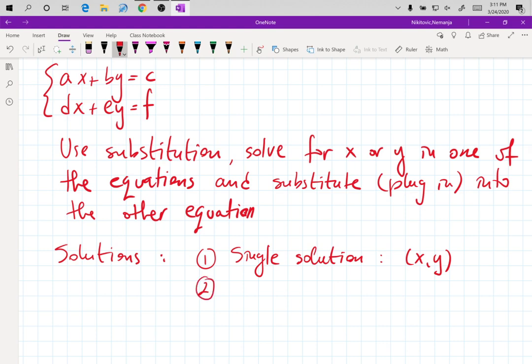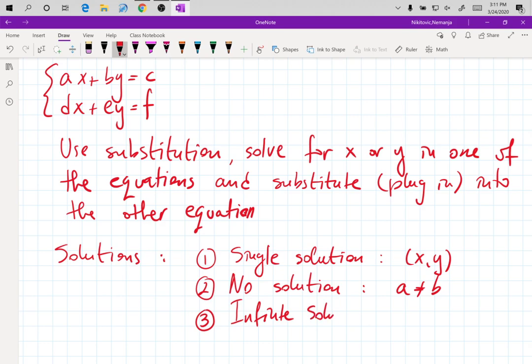Two, we can have no solution. We'll see that you will get something like a is not equal to b. We'll get there. And three, infinite solutions, which is, I'll say, a equals a.